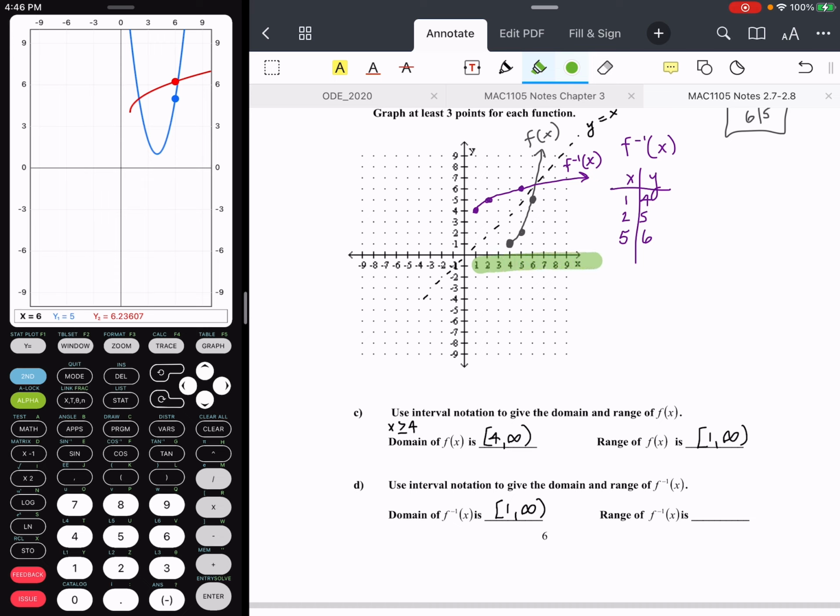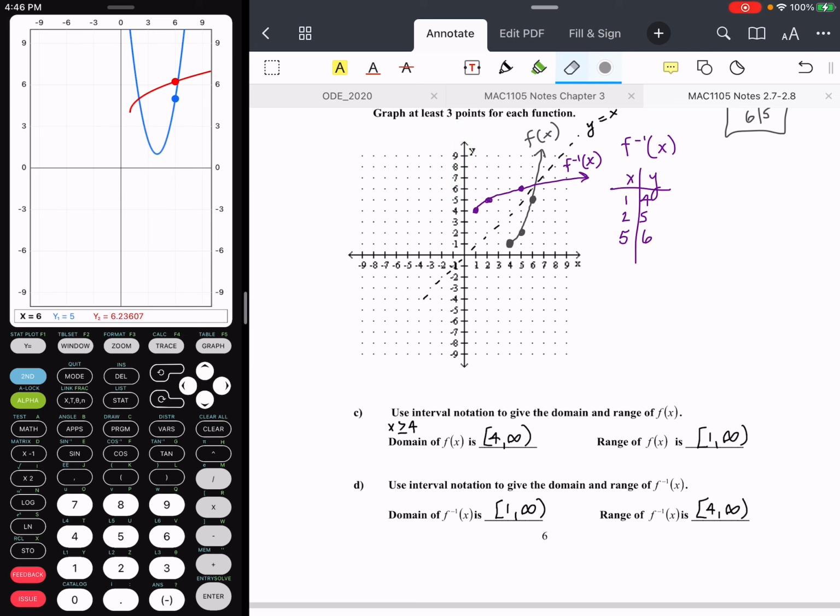So that's my domain from 1 to infinity. And then for my range, the lowest that y equals is 4, and then I increase from there. So the lowest y value on my purple inverse function is 4, and then I increase from there to infinity. So from 4 to infinity.